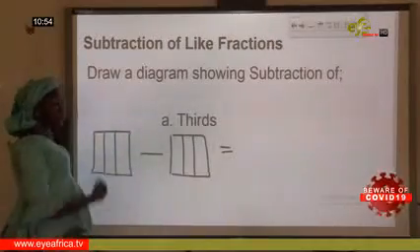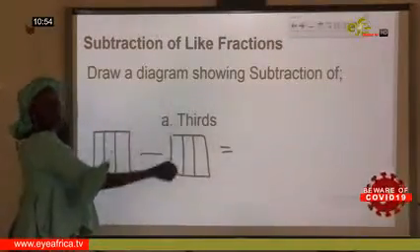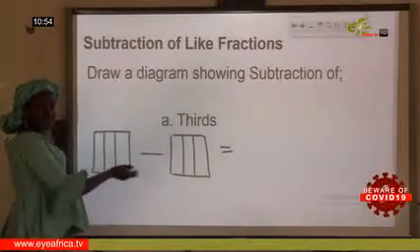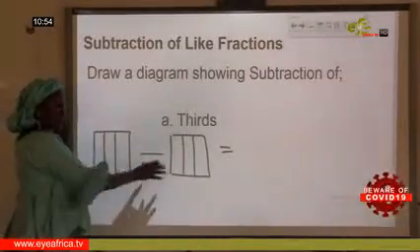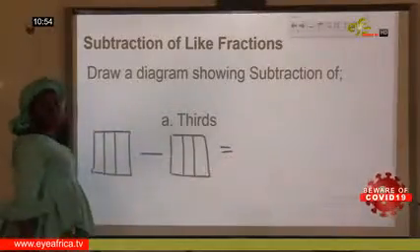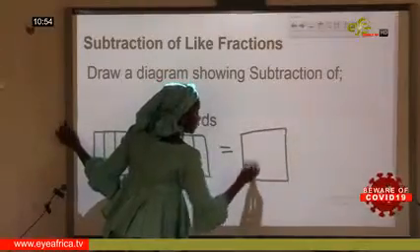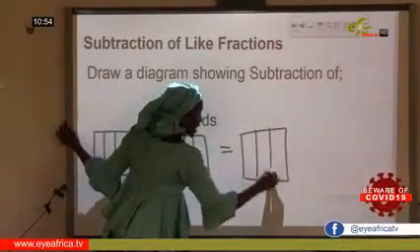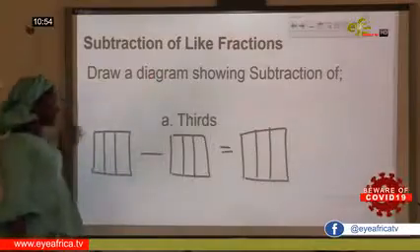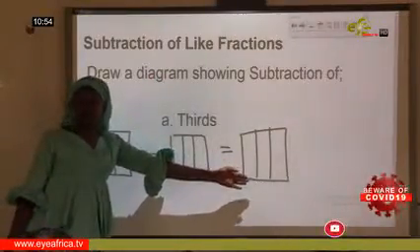So therefore our answer should be a whole which is being divided into 3 equal parts, because we are to consider the denominators. The same denominator, our answer should carry that denominator. Like fractions. You cannot have a third here, a third, and you come here and have 6th or 5th.